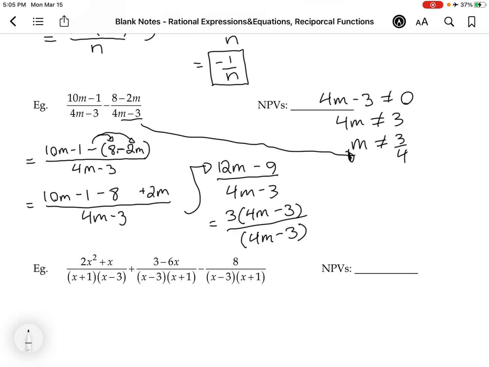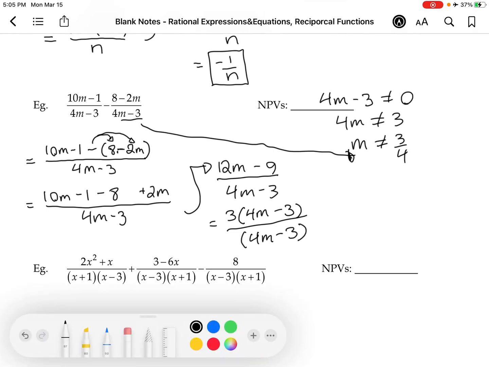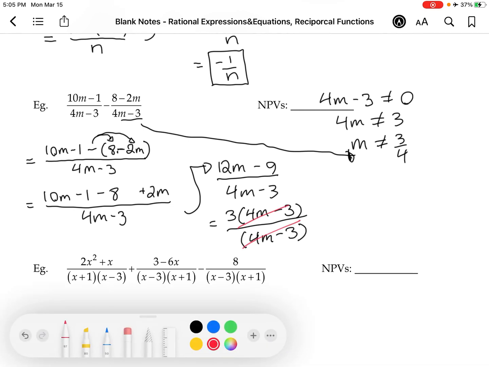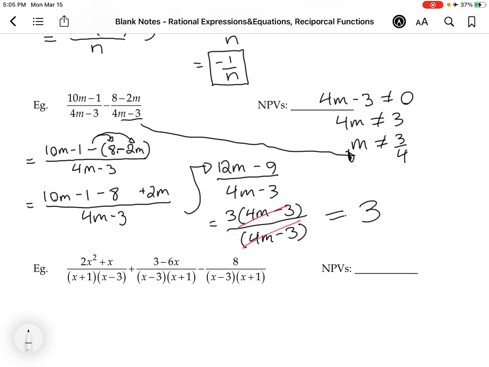And that is the exact same factor as the factor in the denominator. So now, because I've already stated my non-permissible, I can cancel that. And this entire rational expression, when I subtract, simplifies to 3. Okay? So that is that one.